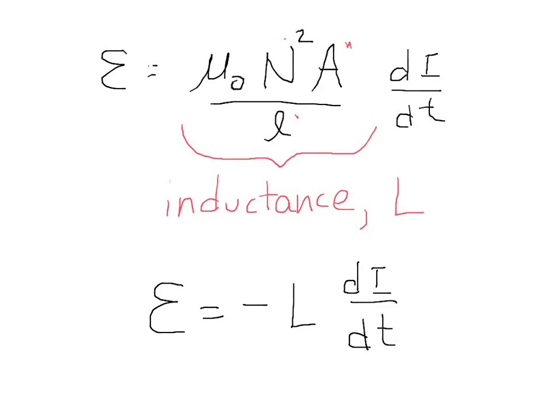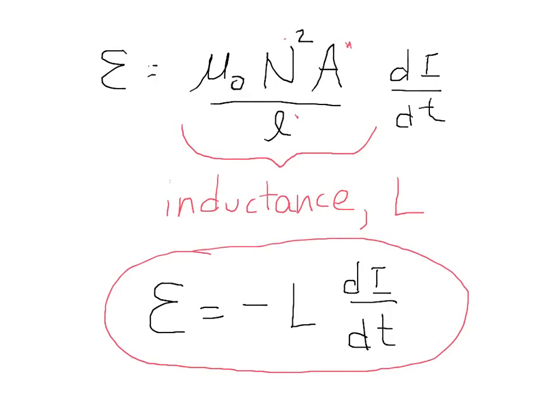So I guess you could summarize it by saying it opposes any rapid change in the current moving through there. So we'll use this form when we incorporate these inductors, as we call them. We called them solenoids in the past, and usually when we put them in a circuit we call them inductors. And I'll show you how that equation or expression for the EMF is so helpful when we've got it in a circuit with other things as well.